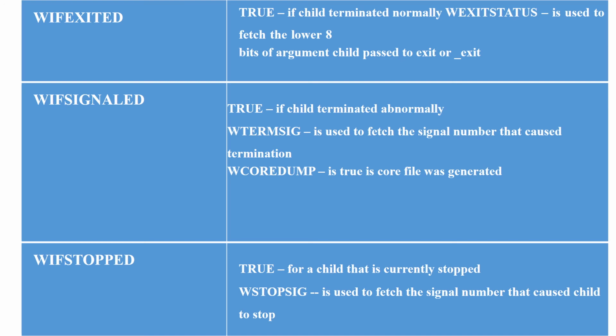If it is true, then the child process has ended. Otherwise, WSTOPSIG is used to fetch the signal number that caused the child process to stop, indicating that there was some problem or issue. Like that, we can use three different types of status in the corresponding wait and waitpid process, which is performed by the two functions, the wait function and the waitpid function.